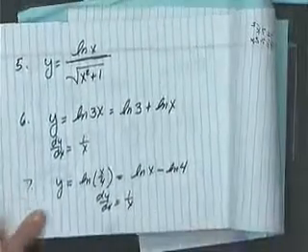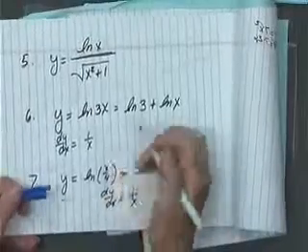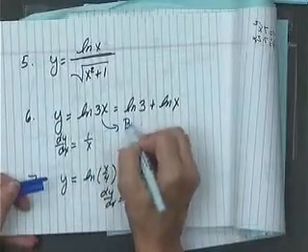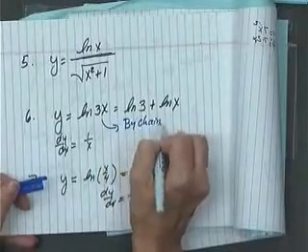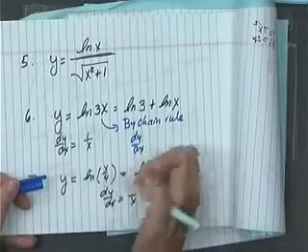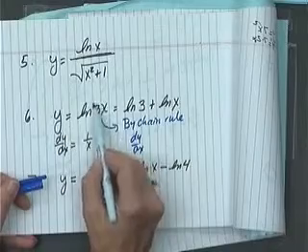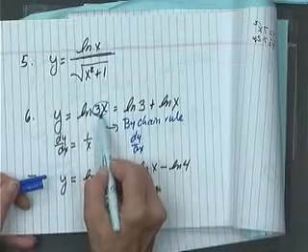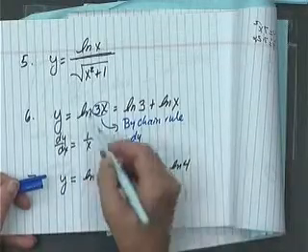Okay, let's jump over here and do the chain rule. By chain rule, the derivative of log u, I'm just going to keep it together.